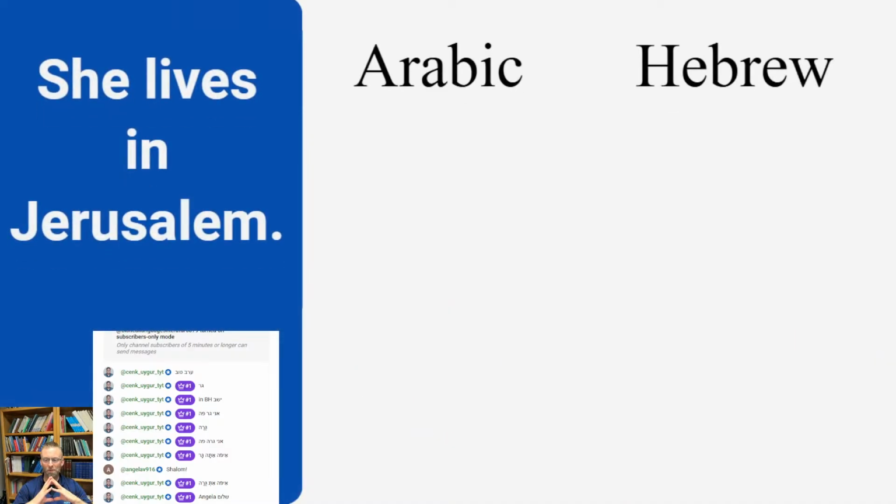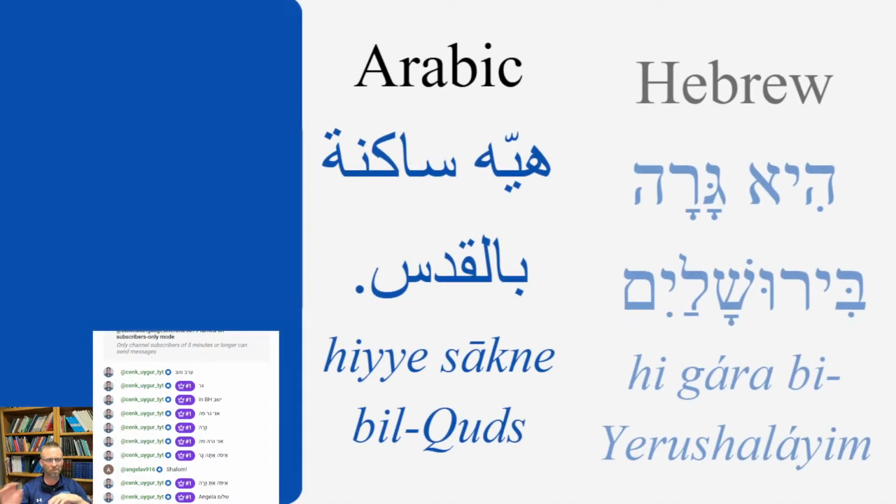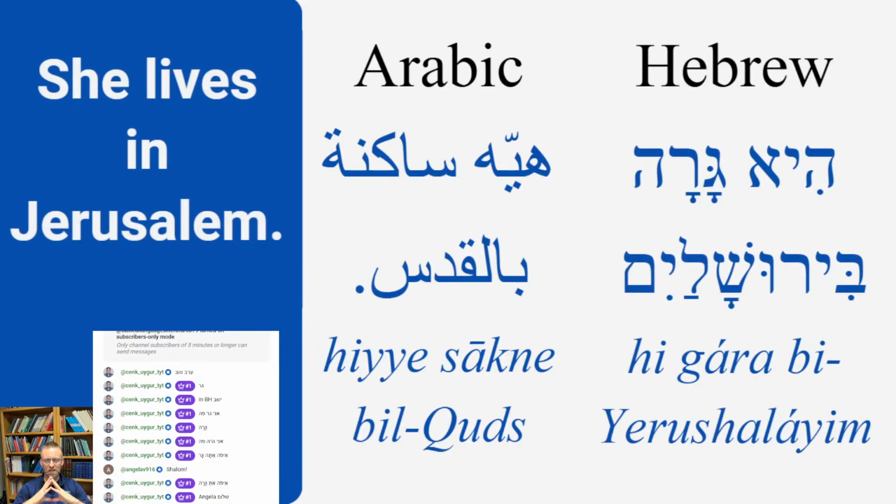All right, now how about she lives in Jerusalem? I think we did this in our last lesson. Okay, so she lives in Jerusalem. So let's start with she. In Hebrew, it's going to be he. He means she. And in Arabic, she is going to be either he or hiye in Levantine Arabic.